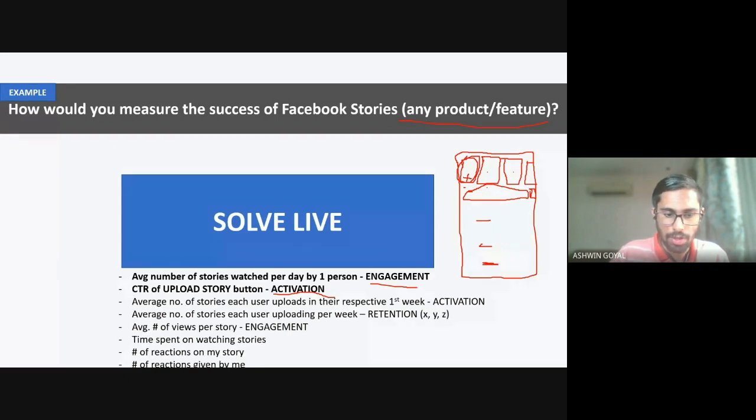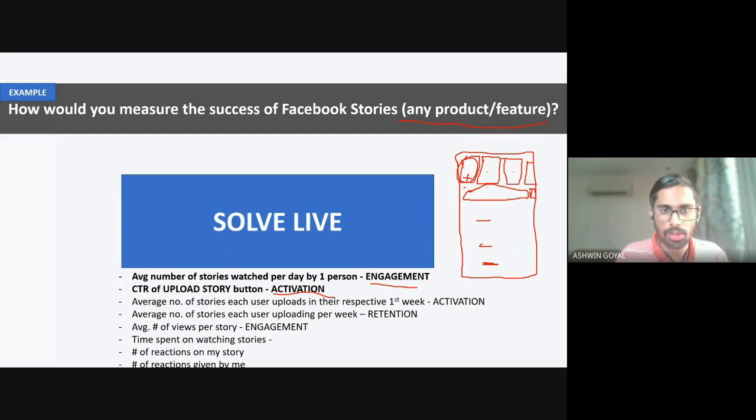Let's say out of 6 million people who started using Facebook stories, only 4 million came back in the second week. And out of these 4 million, only 1 million came back in the third week. That is a typical retention cohort. I'll try to show you a picture later on, but this is the kind of thing that we do while tracking retention. All right. Engagement, yes, average number of views per story is engagement.